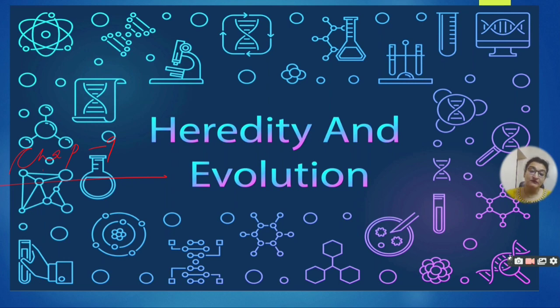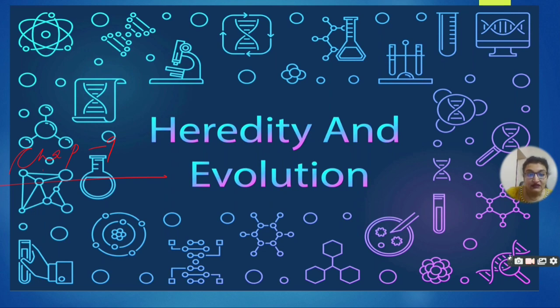The major topics to be covered under this chapter are the monohybrid and the dihybrid cross, the monohybrid cross, their genotypic and phenotypic ratios, the dihybrid cross, the genotypic and phenotypic ratios, and why Mendel chose only the pea plant. Another thing is sex determination and the blood groups. So these are the major topics that are to be covered under this chapter.